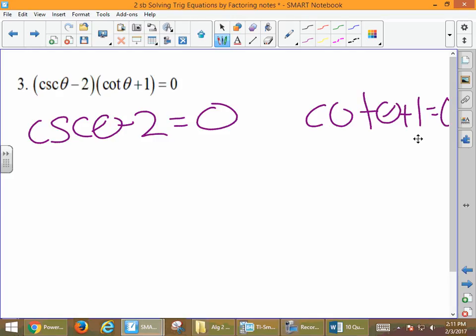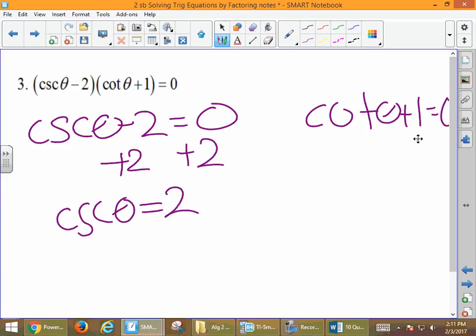And so on our left side, how can we get cosecant of theta by itself? We can add 2. And so we're left with cosecant of theta equals 2. And then you may be like me or Mrs. Danhoff, and I don't know cosecant of theta equals 2 off the top of my head.